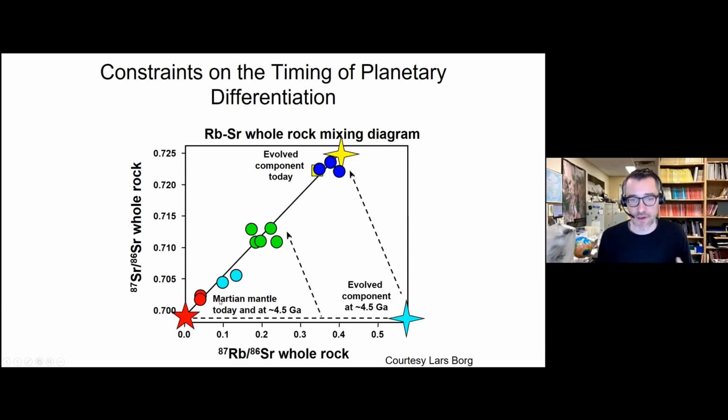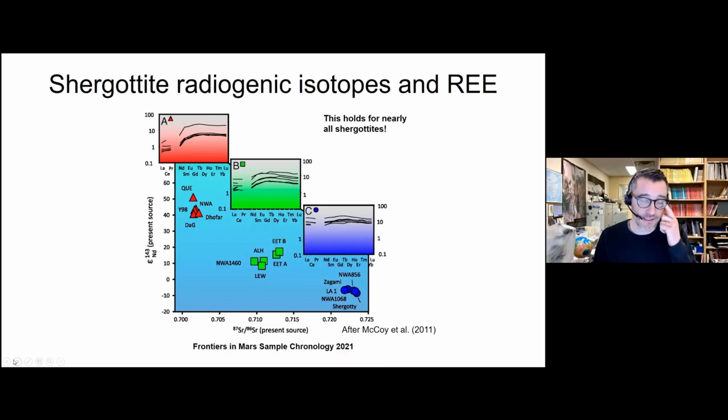Such that you have these different components, depleted, intermediate and evolved components today, that then plot along this line. And this is an interesting and, I think, unique thing about shergottites in particular, that you can plot them up on a diagram like this.